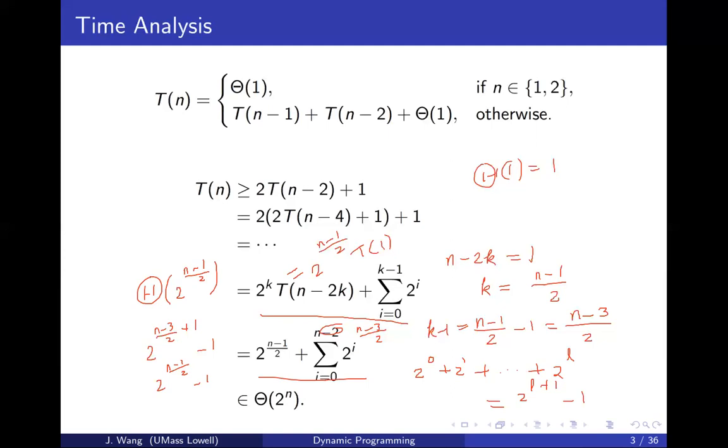So maybe it's convenient to write it as an equal, and then equal 2 to the n over 2. So this is exponential time. Okay, so this is an exponential time algorithm. So this is not efficient.